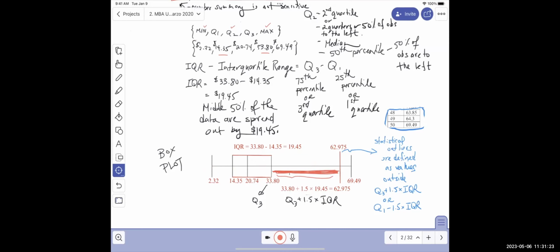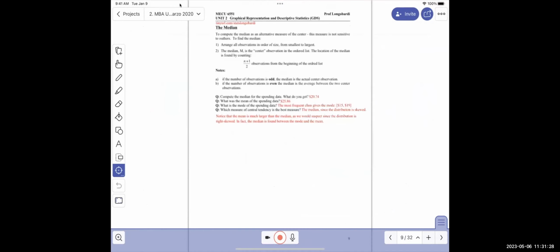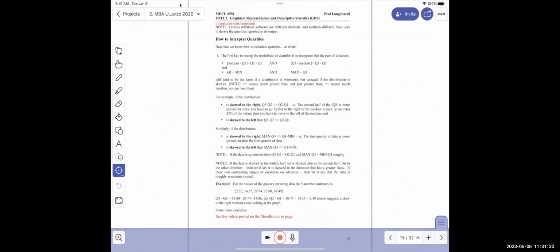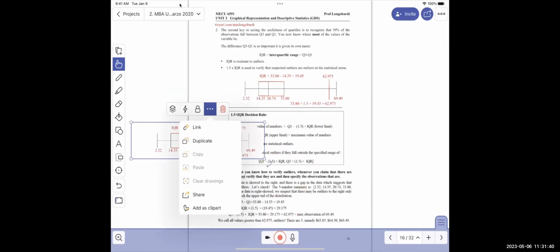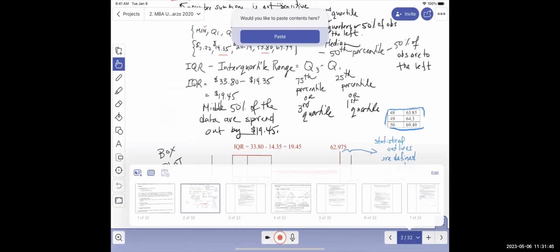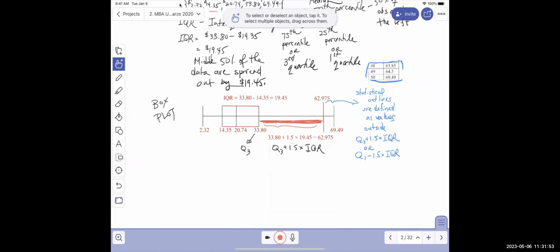Okay, let me go back and take this drawing again. I'm going to do that because I want a clean drawing. I have to use this because there's no way I'm going to draw it to scale like this one is. So I have all these numbers.